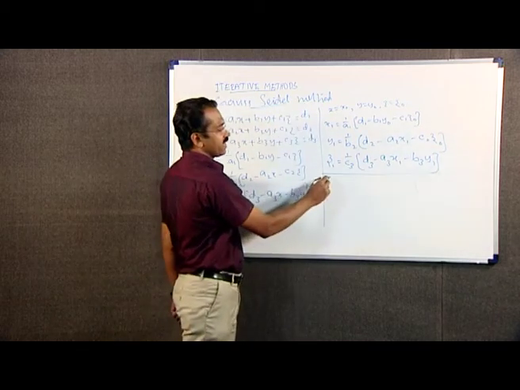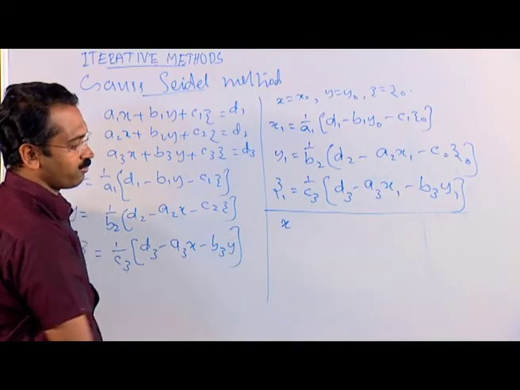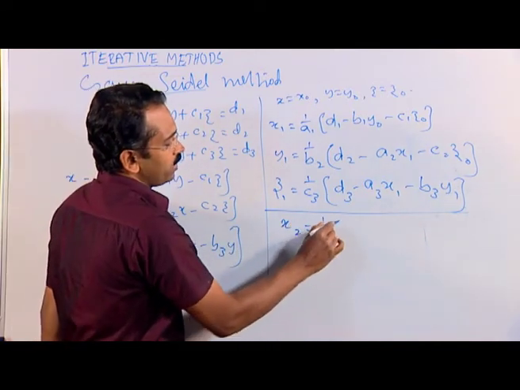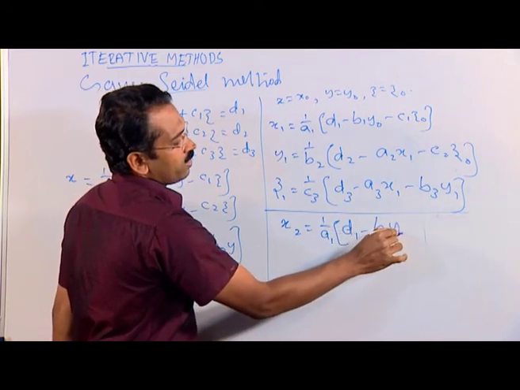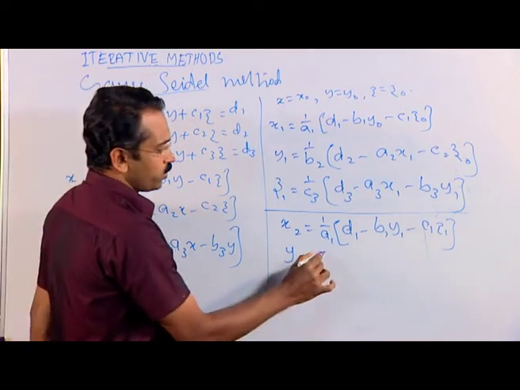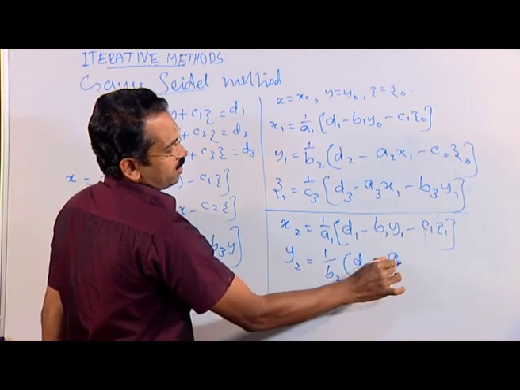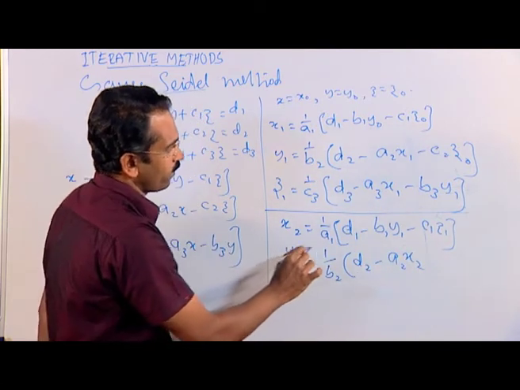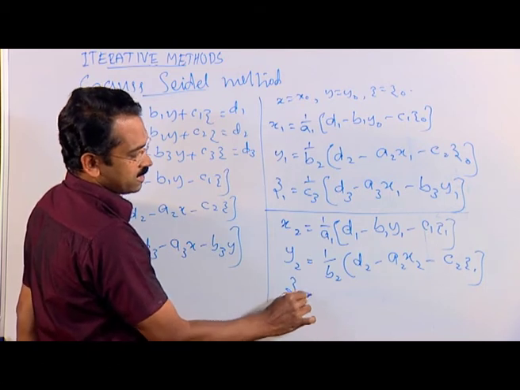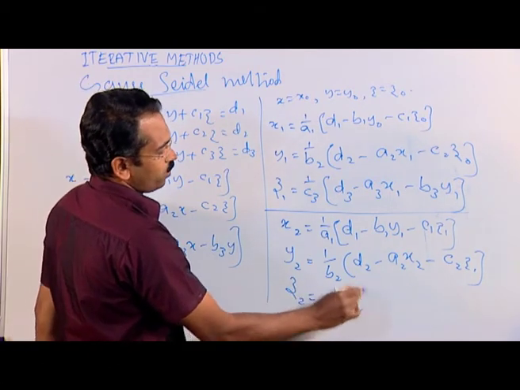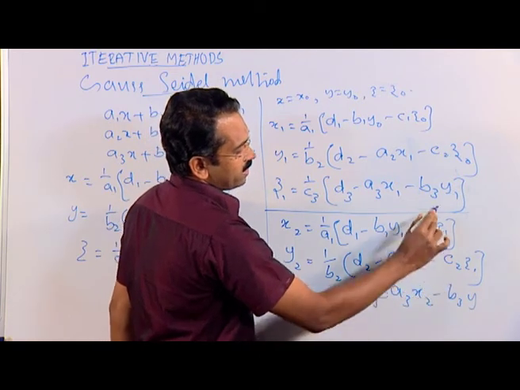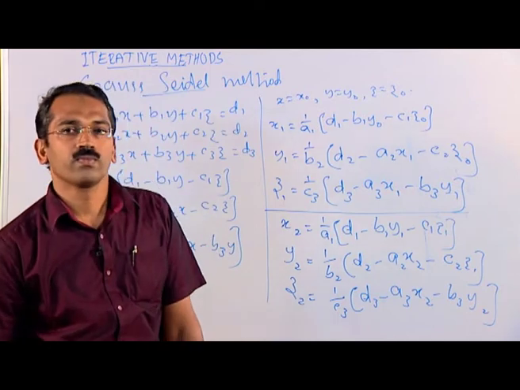We will get the second approximate values of x, y and z as x2 is equal to 1 by a1 into d1 minus b1 y1 minus c1 z1, y2 is equal to 1 by b2 into d2 minus a2 x2 minus c2 z1, and z2 is equal to 1 by c3 into d3 minus a3 x2 minus b3 y2, and so on.